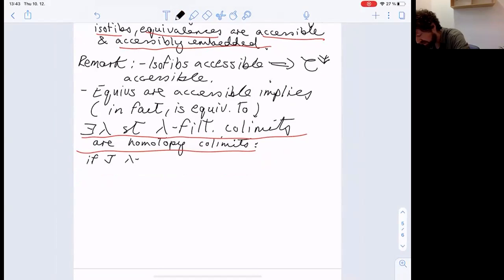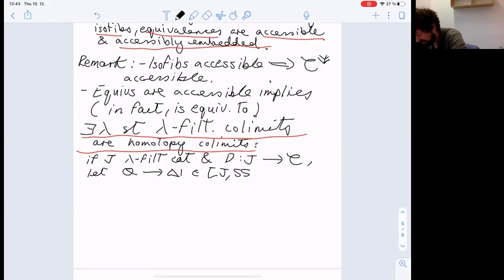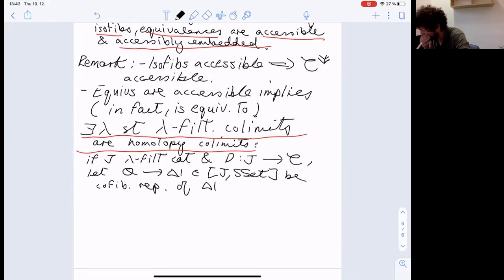So if J is a lambda filtered category, and D a diagram of shape J, let Q delta 1 be the cofibrant replacement of the terminal weight delta 1, so it's independent of the choice of cofibrant replacement. Then what we need is, I'll just write it down.